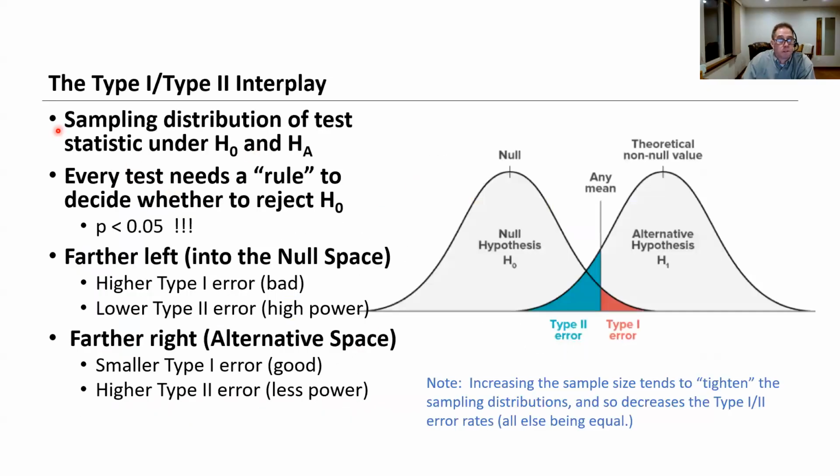All right. So there is an interplay, all else being equal, between the type 1 and type 2 decisions, or, what should we call them, calls or parameters. Importantly, the sampling distribution of your test statistic is almost always normal.